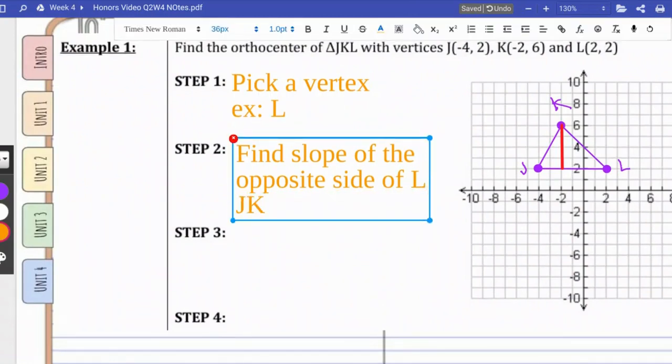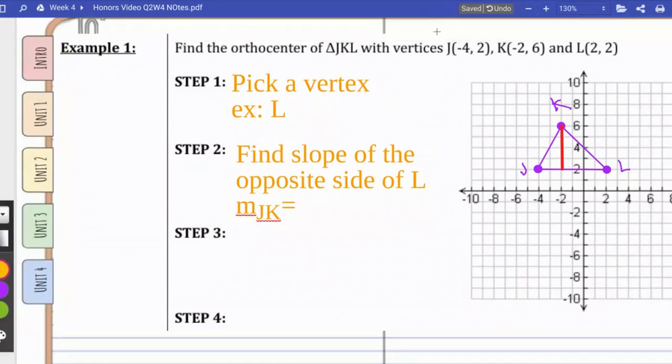That's going to be JK. So I need to find the slope of JK. To find slope, we can use the slope formula, or we can count, start at J, rise over run, up 4 over 2. So my slope is 4 over 2, which reduces to 2 over 1.